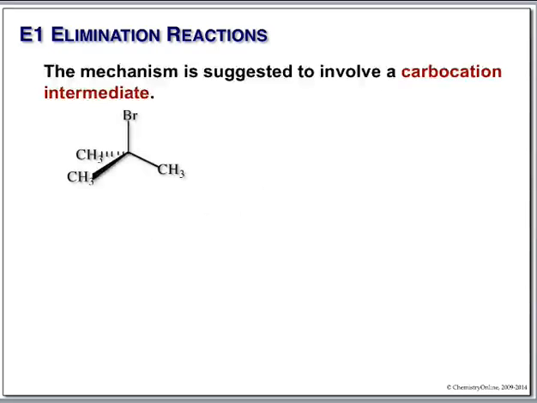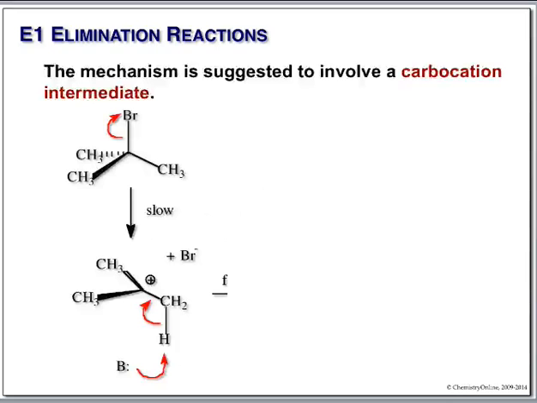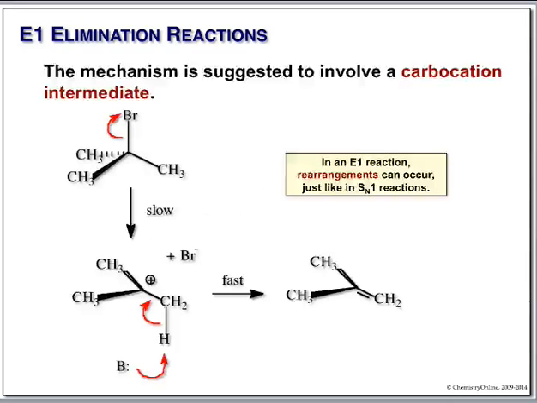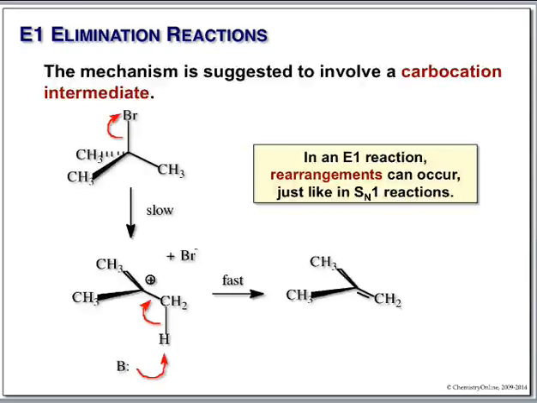Mechanism would look like this. We start off with a thing. Put it in a polar solvent. We form our carbocation. Now instead of the nucleophile adding here, pull off this hydrogen to make the alkene. Just like Sn1 reactions, these are ugly.